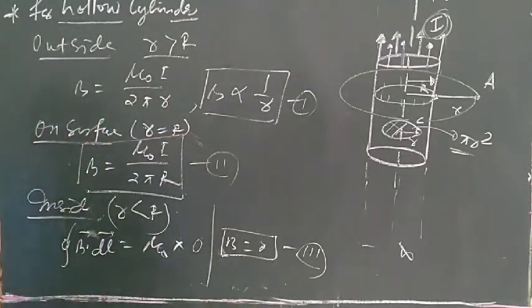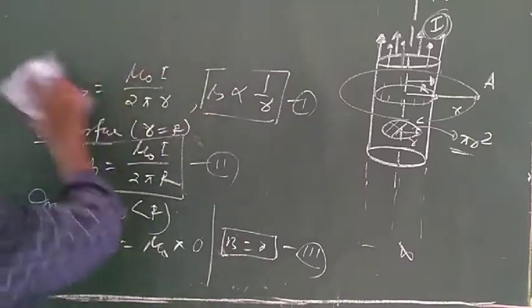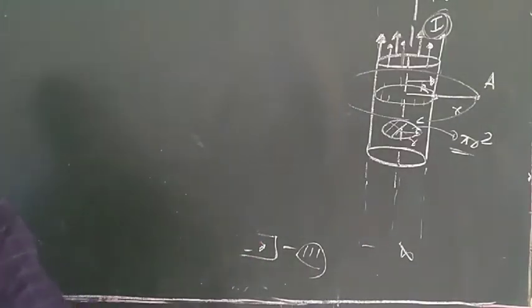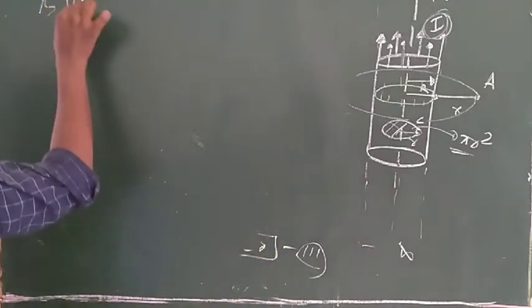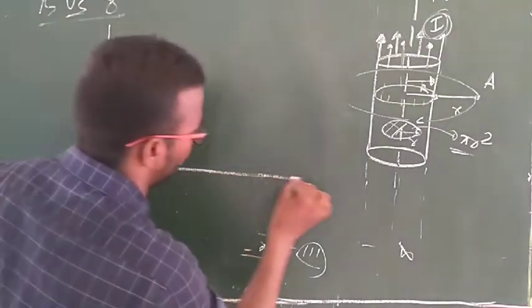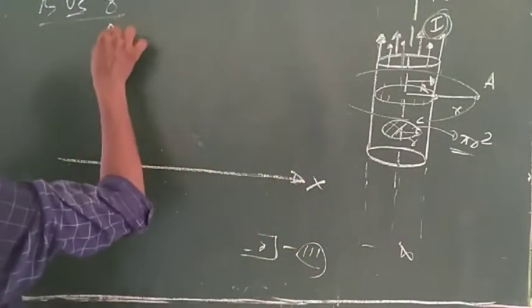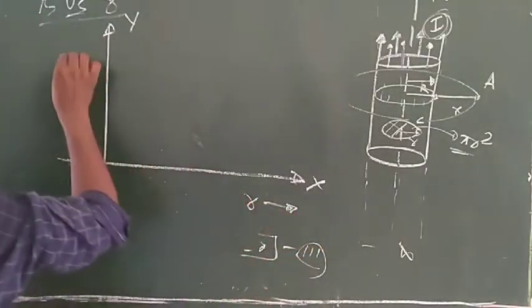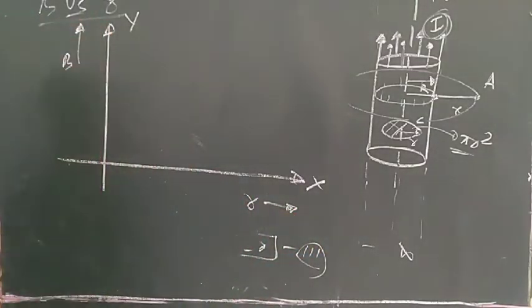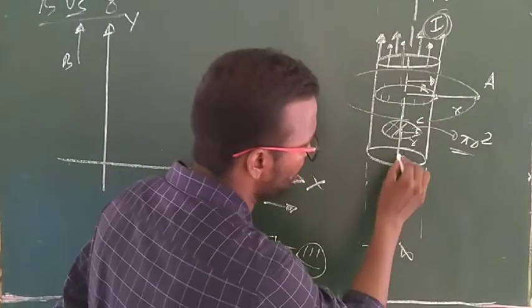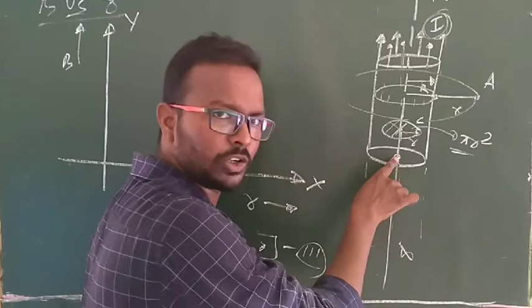If you draw a graph of magnetic field versus distance R, this is the x-axis and this is the y-axis. We choose the distance along the x-axis and the magnetic field along the y-axis. Clear? But this is the axis, and on the axis the magnetic field is 0.